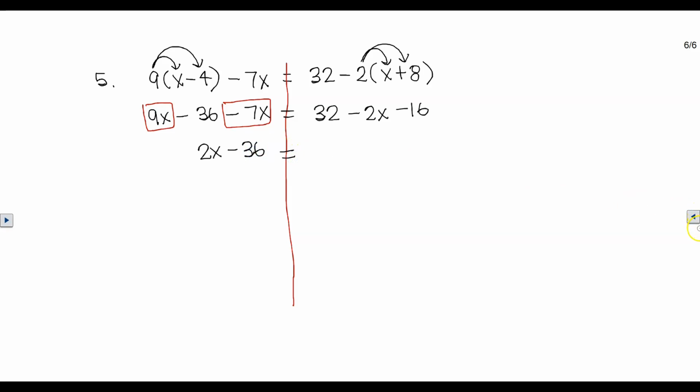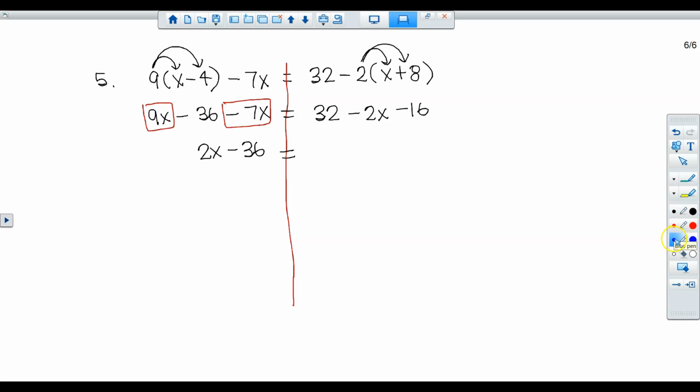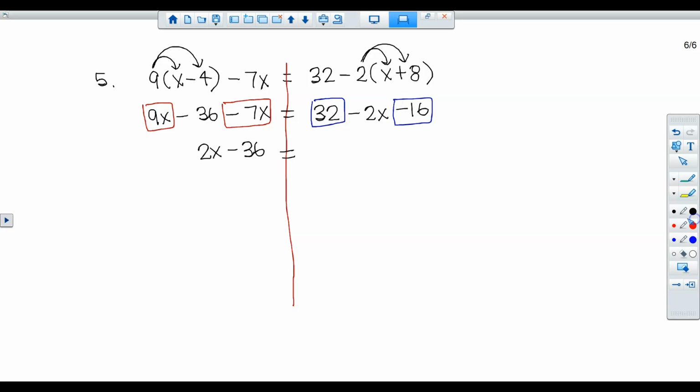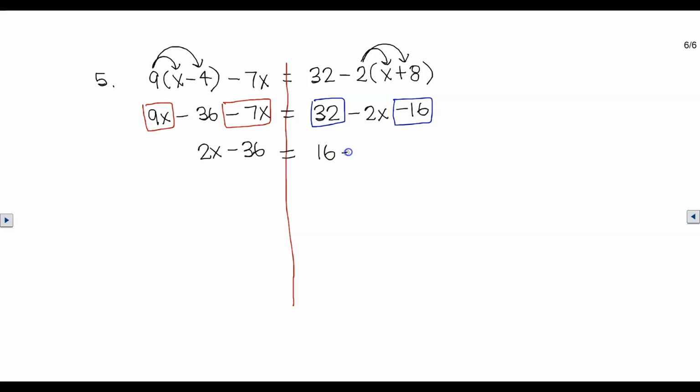All right, now I'm going to give the other side a look, and I see that I can combine my 32 and my negative 16. 32 minus 16 is 16, and then I have my minus 2x that will just move down. So here's what we should look like after step 2 when we have combined the like terms.